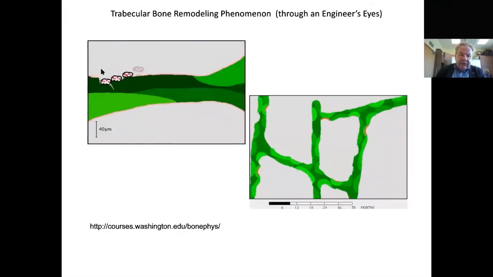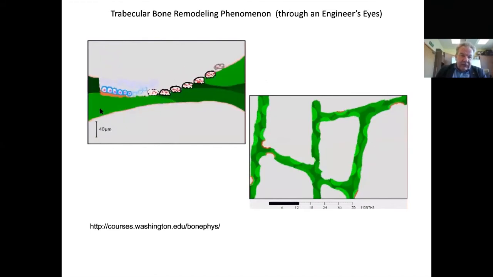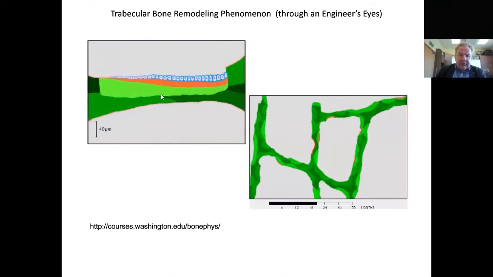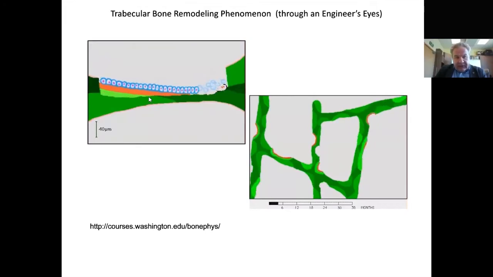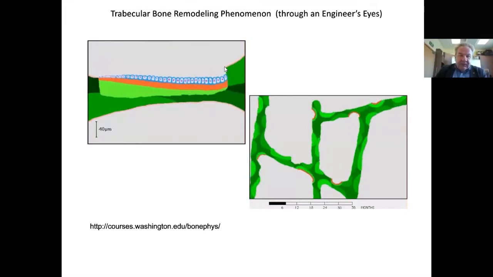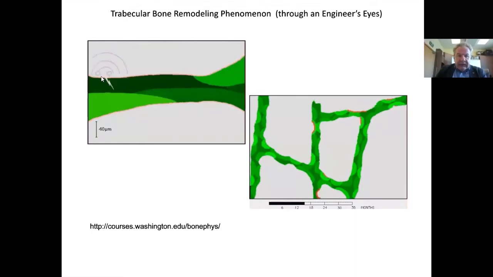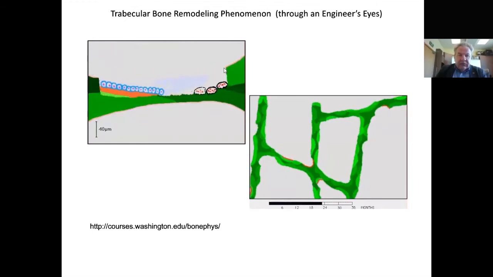So first, this is the trabecula, about 40 micrometers. Quite a complicated structure. First, part of this trabecula is removed by osteoclasts, and then in this area, osteoblasts build new tissue.